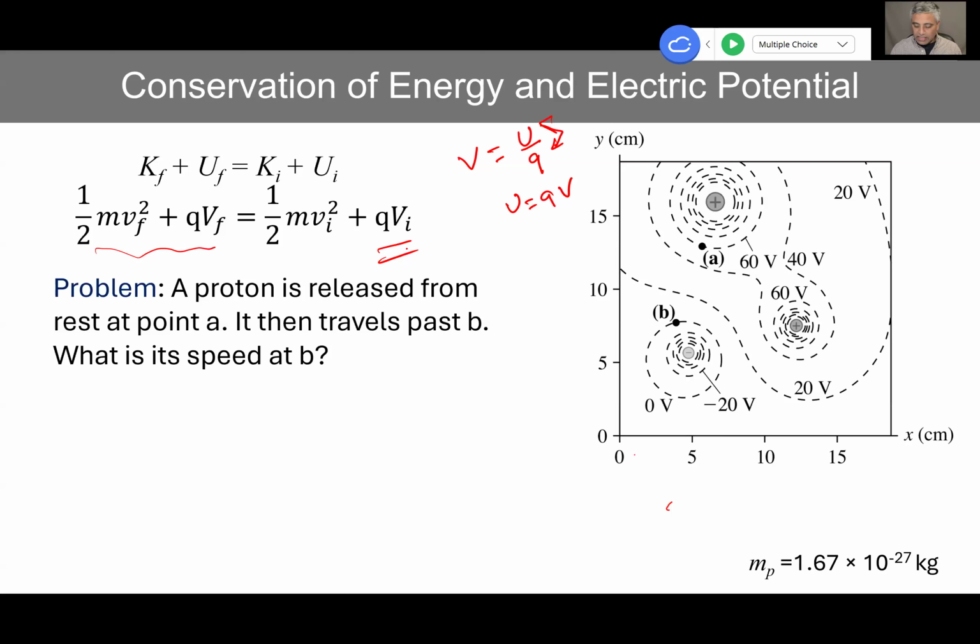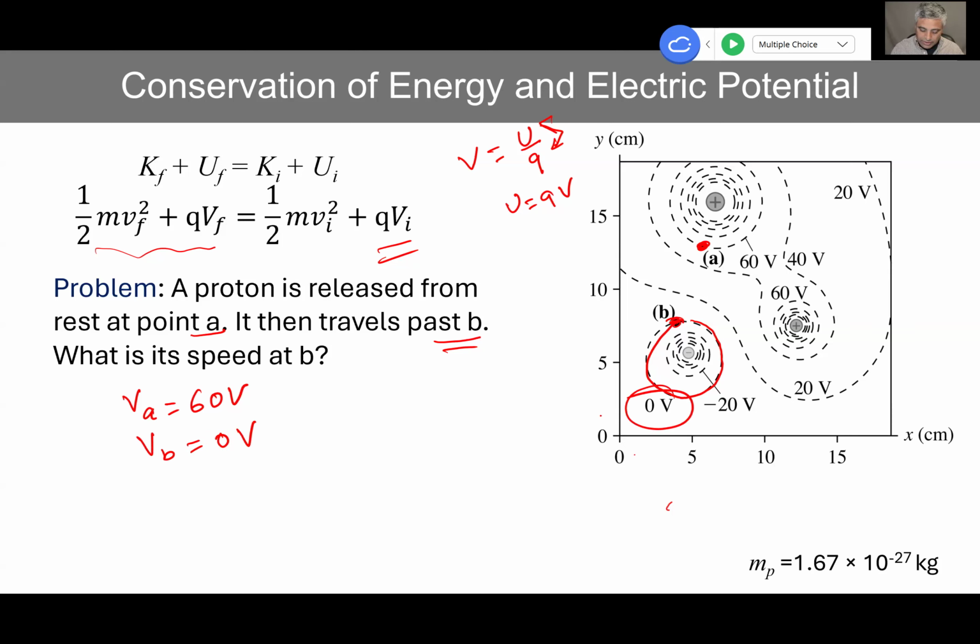Now in this question, it says the proton is released from point A. Where is point A? Here. What's the potential at that point? Everywhere along that line, potential is 60 volts. So VA is 60 volts. At B, what's the potential? That looks like 0.